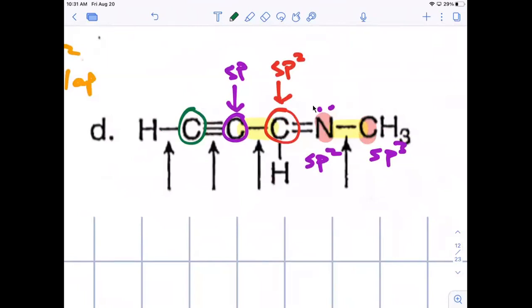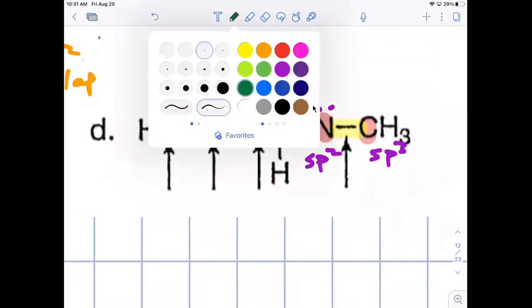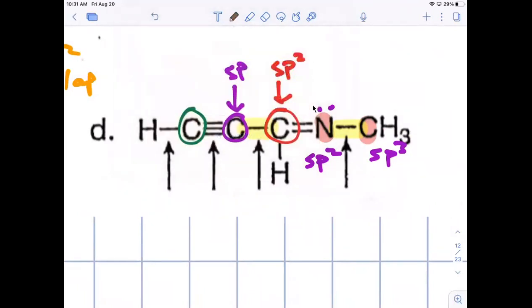Yes. So let's just look at the sigma bond. And for me, I always just pick the bond in the middle as the sigma bond and the other 2 bonds as the pi bonds, but that's arbitrary. But for the sake of the class, we'll do that.